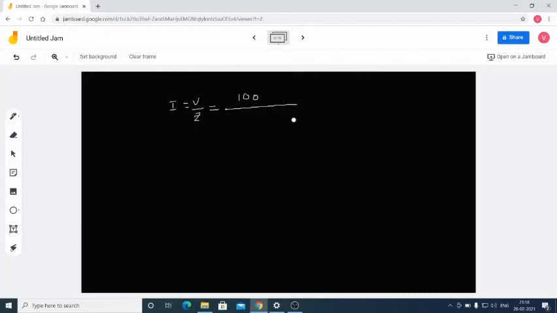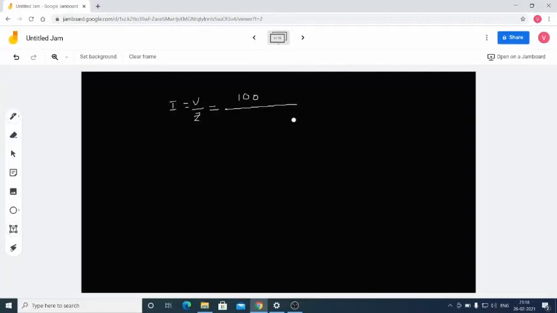Move to the next problem: add the following vectors and find the magnitude and slope. This is one way of asking the question, that is, addition of A plus B. Another way to ask the question is to find the resultant vector and write it in polar form.